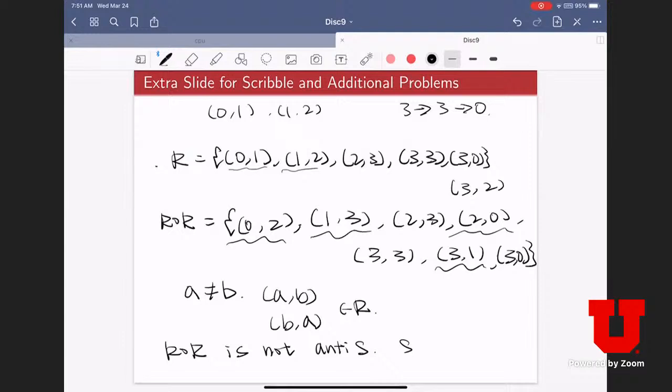And we're asking, is R antisymmetric? And this one is yes. So R is antisymmetric.